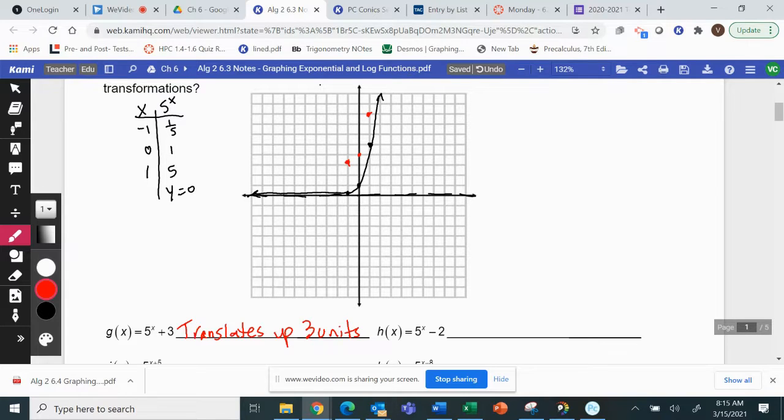So sometimes that's why I use the table, so I don't forget something. If I use the table and I add 3, I'll have 3 and a 5th, 4, 8. And then I also have to move my asymptote. So y equals 3 would be the asymptote when I add 3 to it.